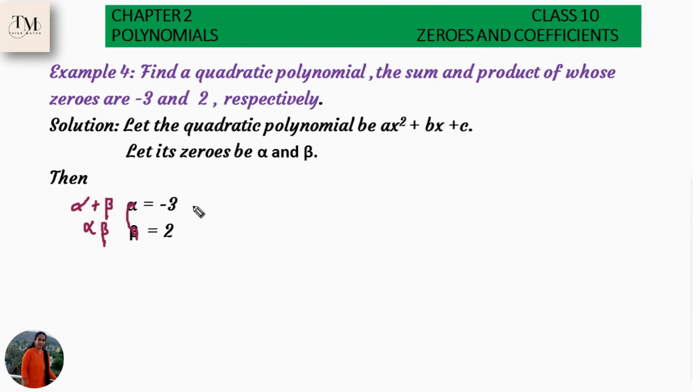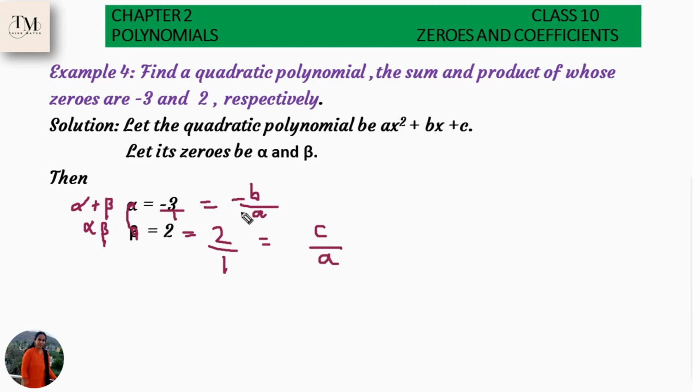We already know that alpha plus beta is nothing but minus coefficient of x, where the coefficient of x is b, divided by the coefficient of x square, a. This is nothing but minus 3 by 1. In the same way, 2 can be written as 2 divided by 1. So 2 is nothing but the constant term c, c divided by a.